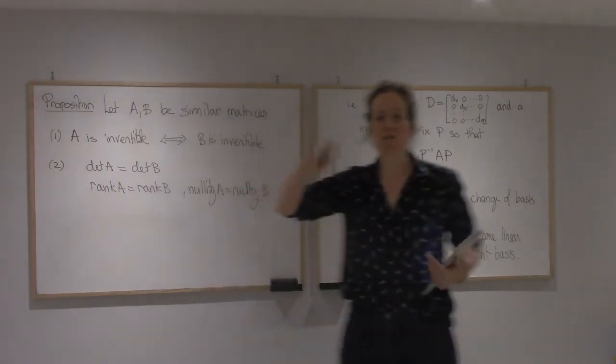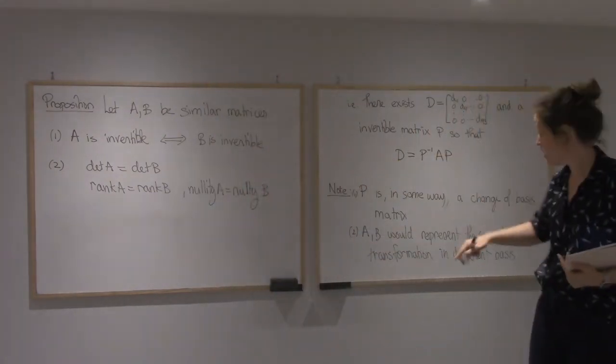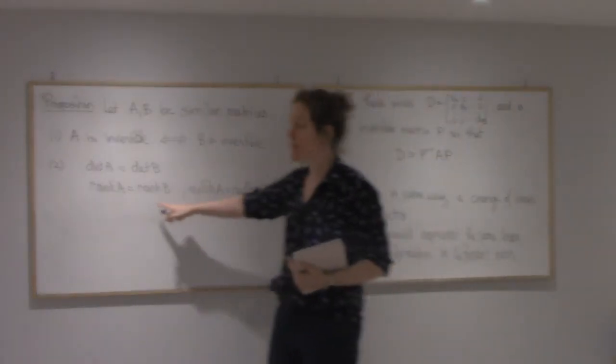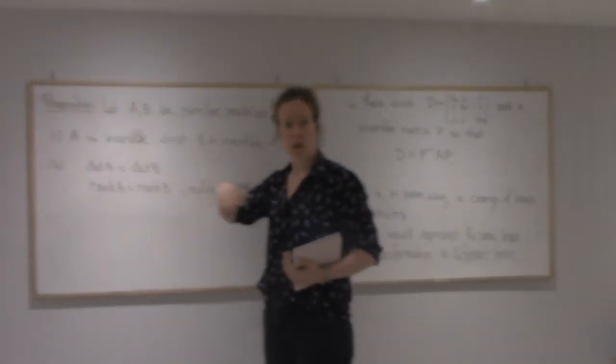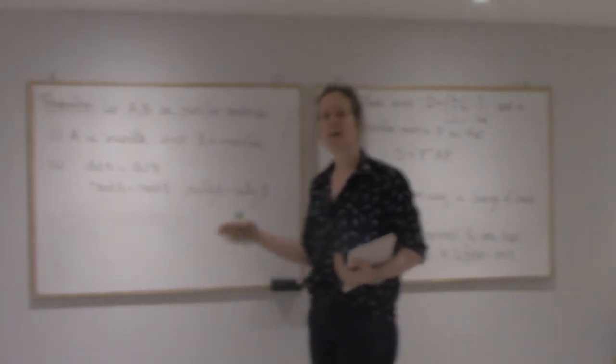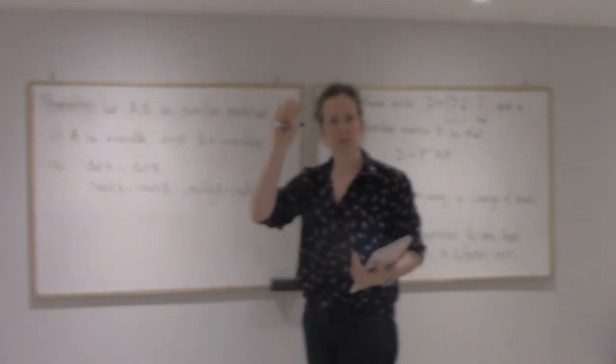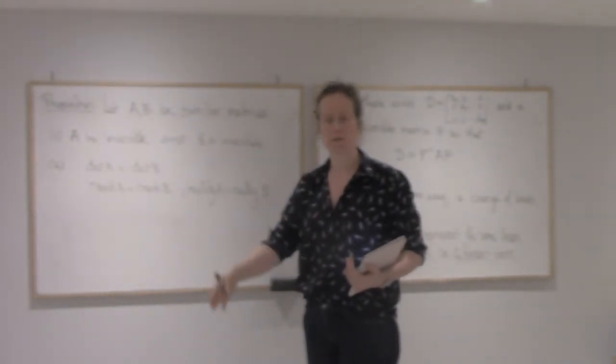And these make sense because if you remember, these tell us something about the linear transformation. So this is the number of dimensions in its image, in its range. This is the dimension in its kernel. That shouldn't depend on what basis you take, right? It's just about if it's a plane, if it's a line, what does it look like?